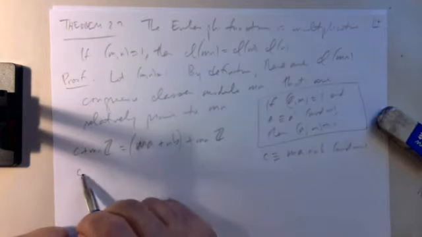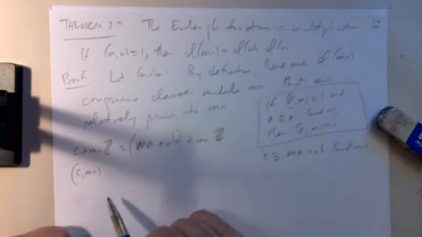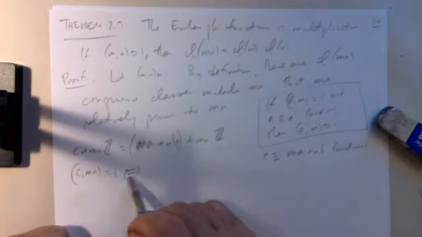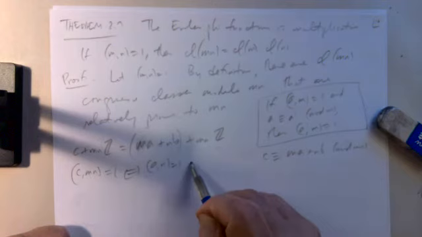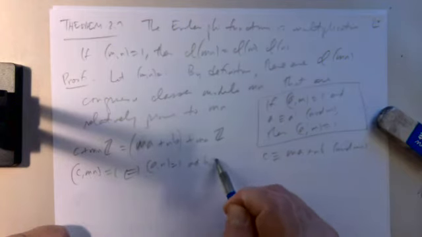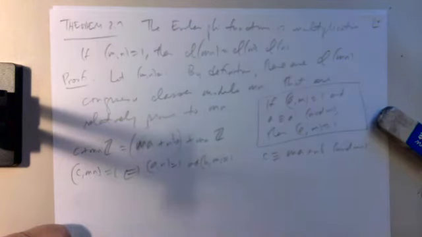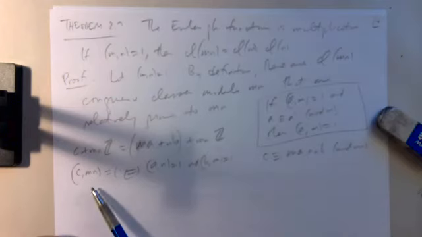And we know that C is relatively prime to Mn if and only if A is relatively prime to N and B is relatively prime to M. That's what we proved.